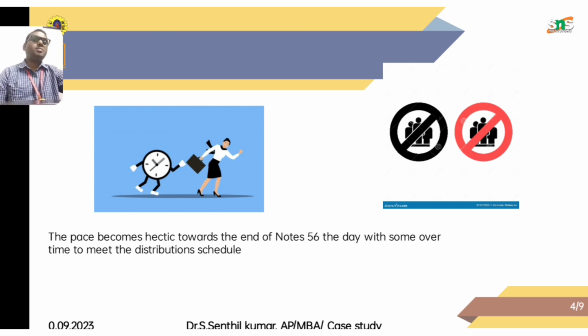So here the problem which has arisen is whether to provide them a salary base or a monthly salary. Here you see the work becomes hectic towards the end of the day, where they wanted to have some overtime to meet the distribution schedule.